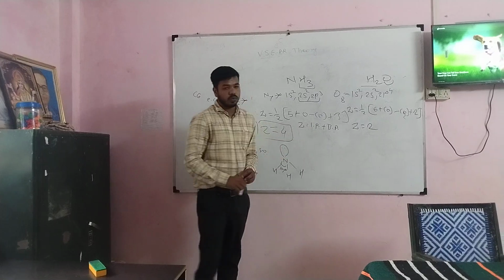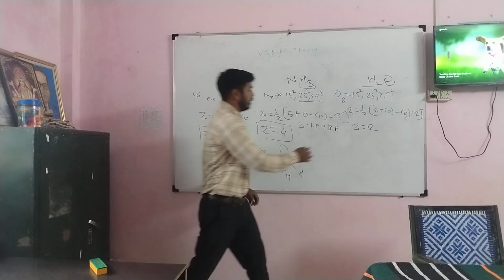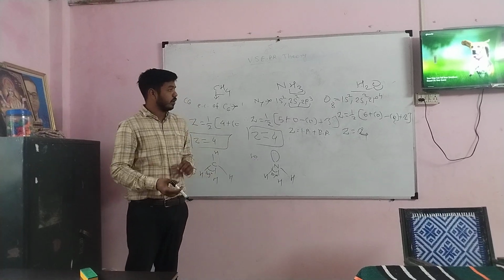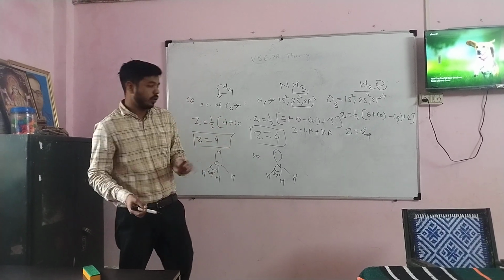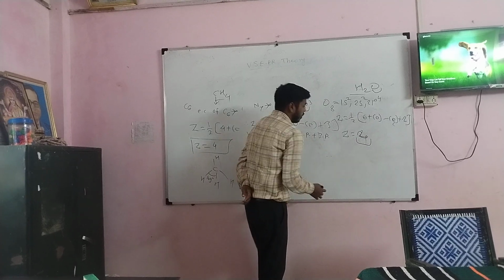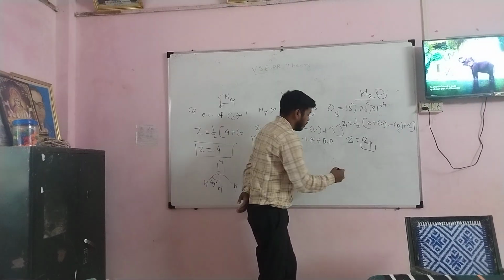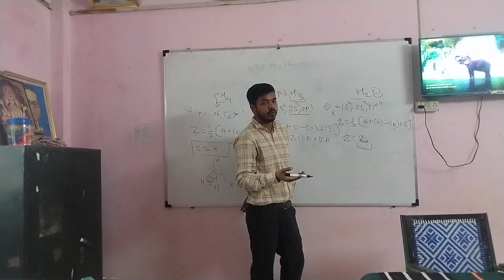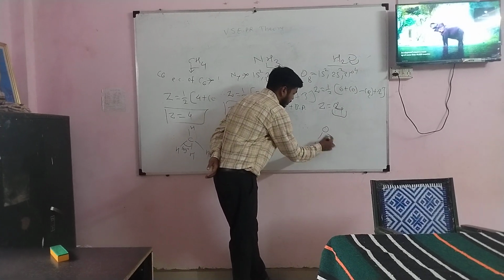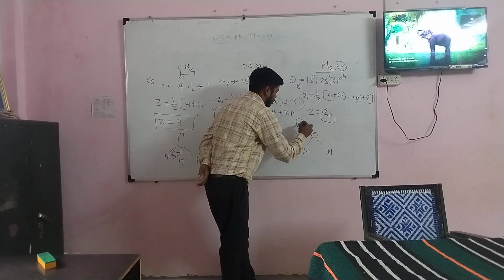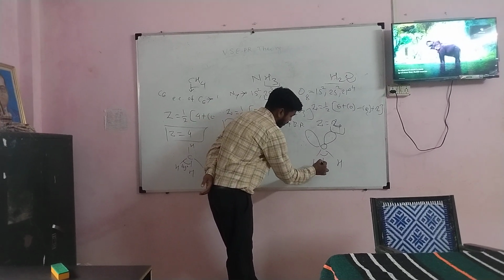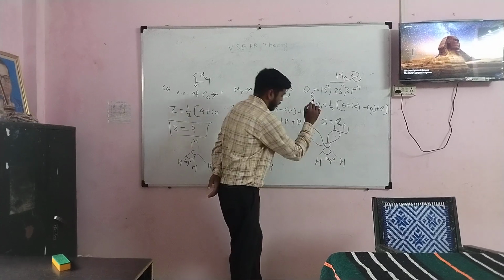Means in the H2O molecule there are 4 electron pairs. Out of these, 2 are bond pairs and 2 are lone pairs. So due to the value of number of electron pairs of 4, the geometry of the molecule is tetrahedral, that is H, O, H, and the bond angle between these two bond pairs is 104 degrees.